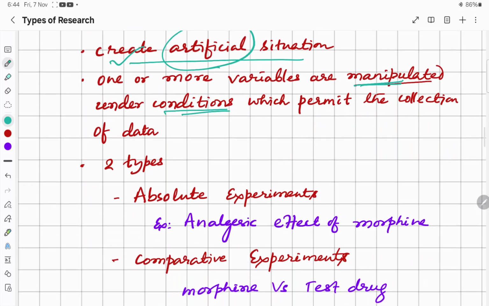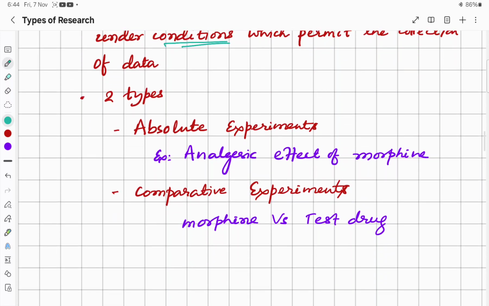So the experiments can be of two types: absolute experiments and comparative experiments. For example, if we want to determine the analgesic effect of a known drug, say morphine, it is a case of absolute experiment. But if you want to determine the analgesic effect of a newly synthetic test drug as compared to the standard drug, say morphine, then our experiment becomes a comparative experiment.